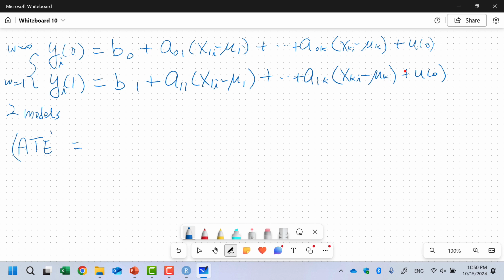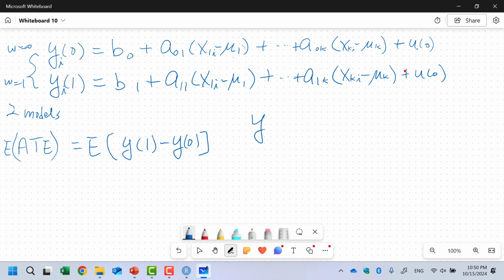The average treatment effect is the expected value of y1 minus y0, right? So what is the expectation of the difference between when we do the treatment and when we don't do the treatment?